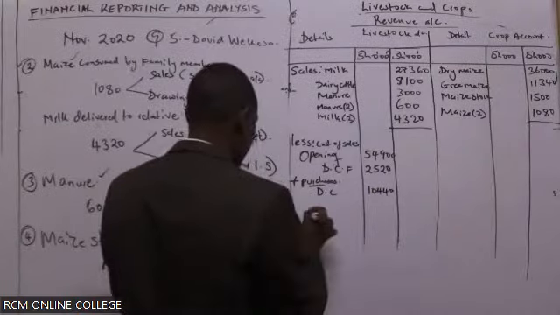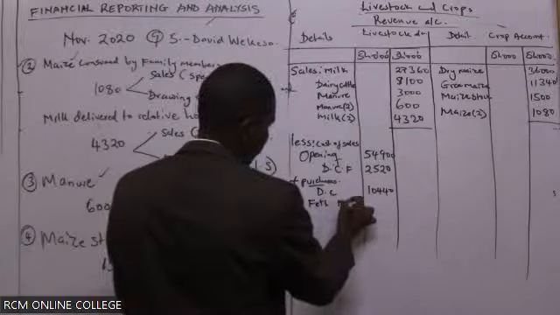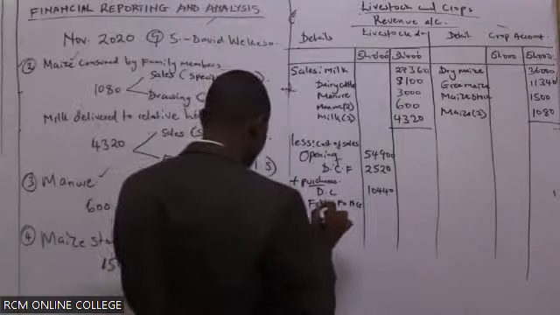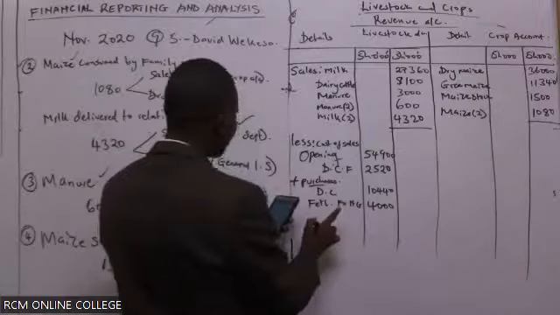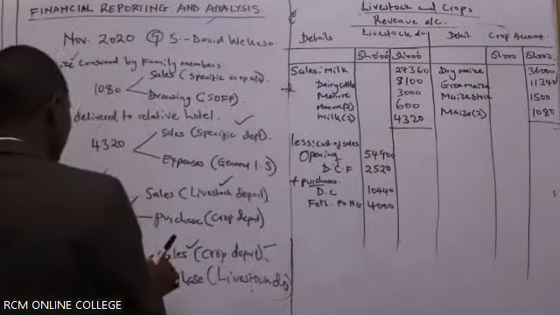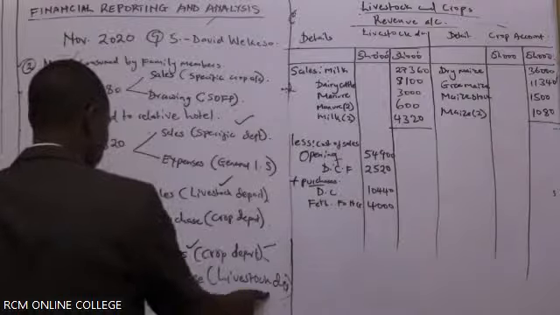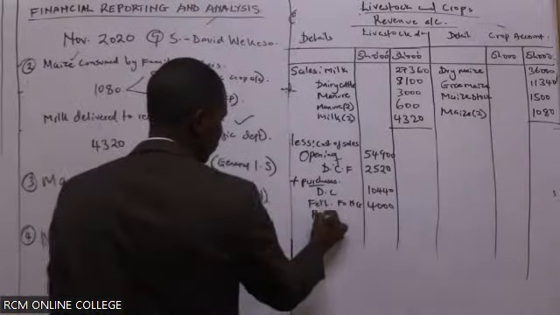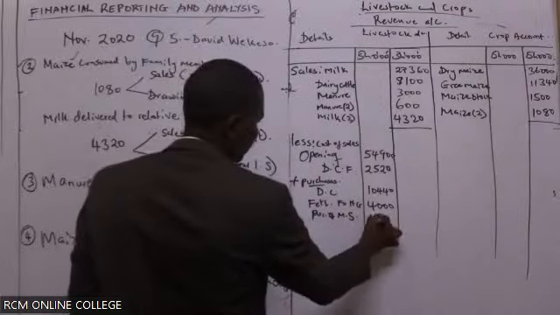And then fertilizer for Napier grass, hii ni 4,000. Lakini sasa under purchases kuna some purchases hapa. Here we consider that livestock purchased maize stock worth 1,500.